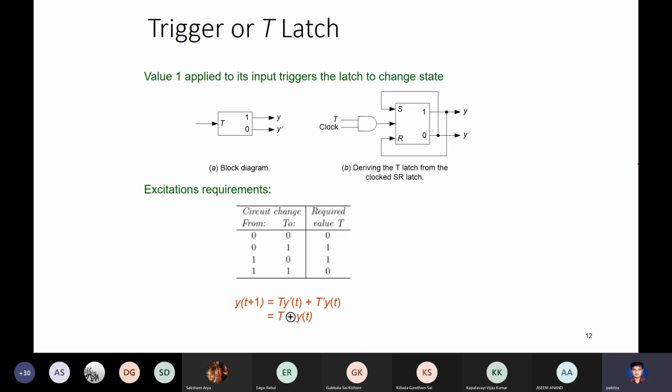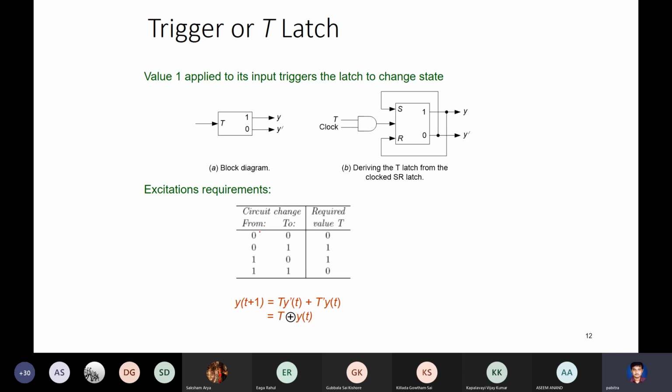So let's see, if I have this S and R, and I have the clock, and along with the clock I added a T input. Sometimes we call it trigger or a toggle input. What this toggle input does, I'm just writing down the excitation table. You can verify the excitation table by checking these inputs.